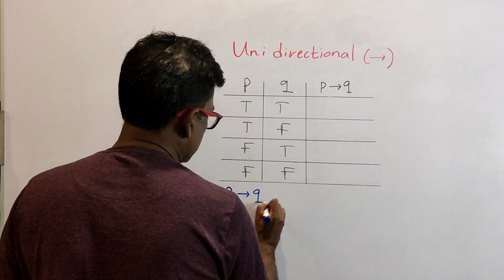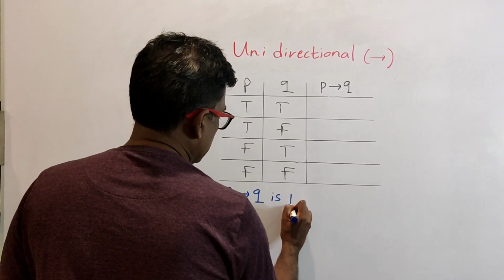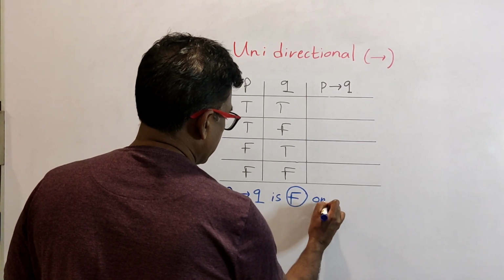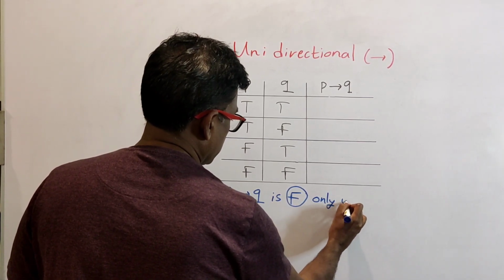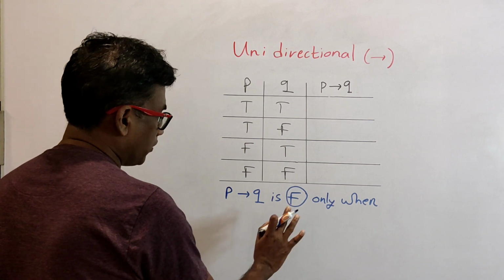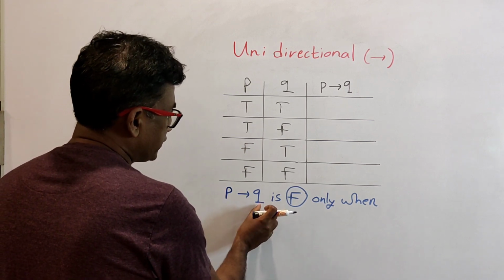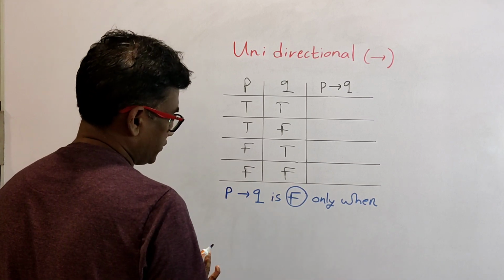P implies Q is false only when. Here we talk about the only instance where P implies Q is going to be false.